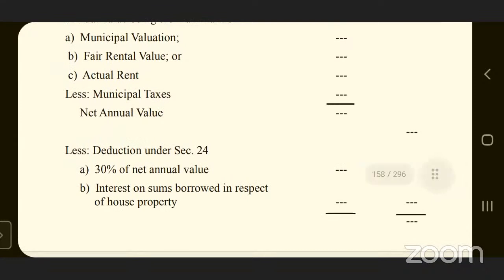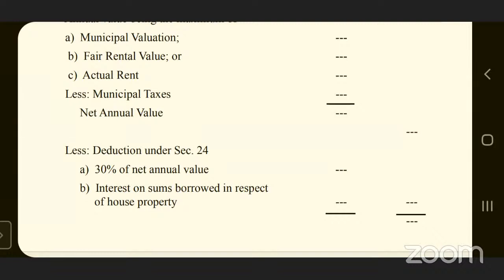From that, a flat 30%. Say, for example, 5 lakhs is there after deducting the municipal taxes, then you will get a deduction under section 24 of 30%, that is, 1,50,000. The purpose is that when we own a house, we usually incur expenses in the form of repairs, whitewash or maintenance.